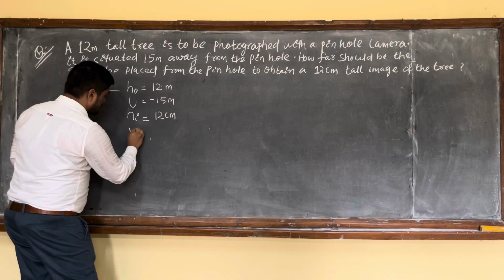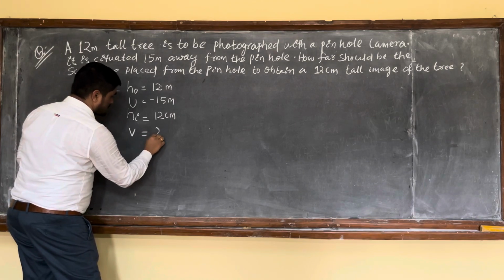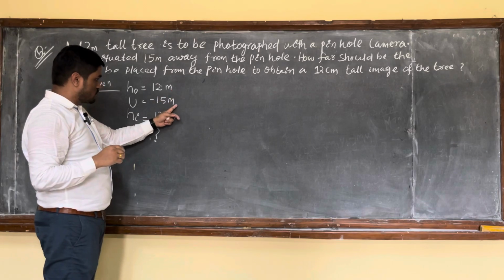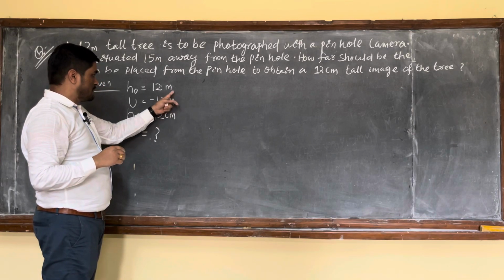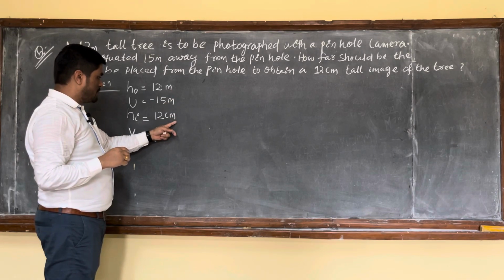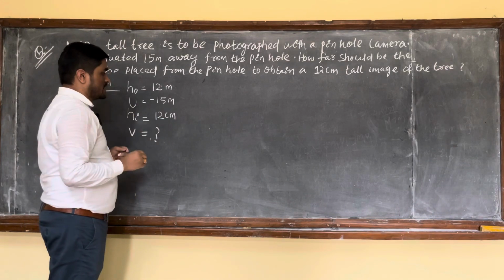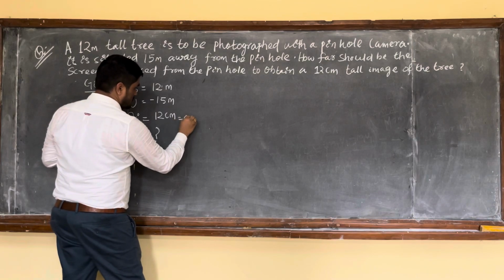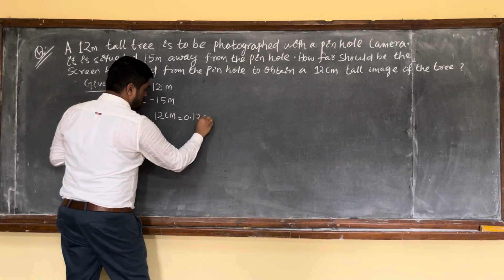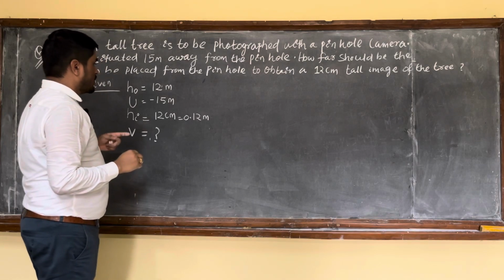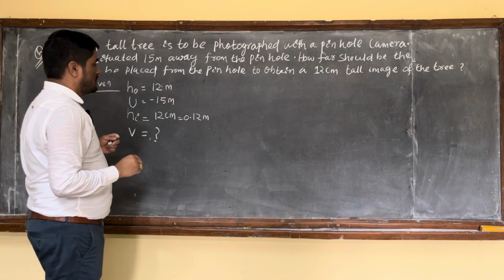That is, image distance is asked. So first, these two terms are in the unit of meter and this is in the unit of centimeter, so you have to convert it into meter. So this will be 0.12 meter.